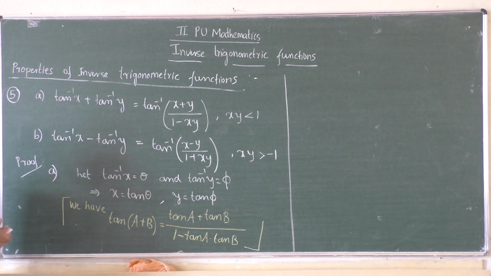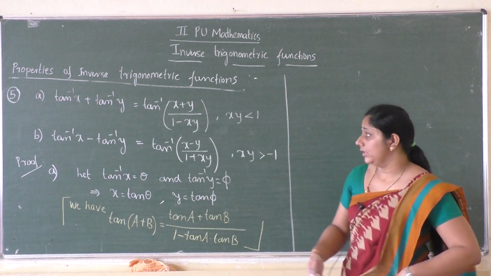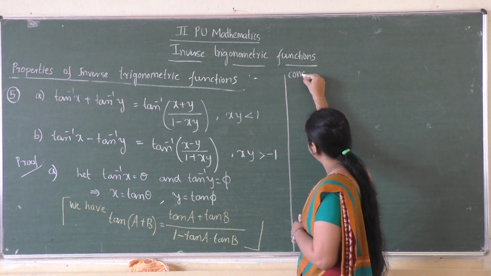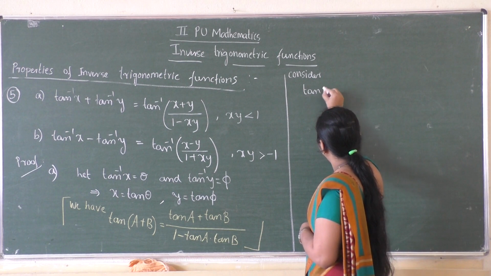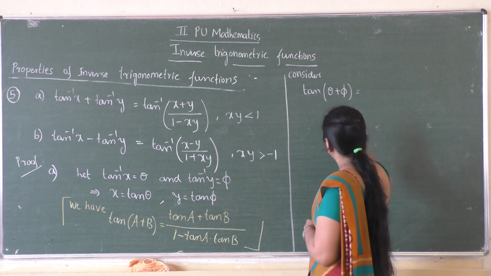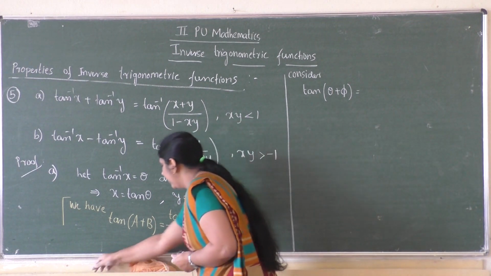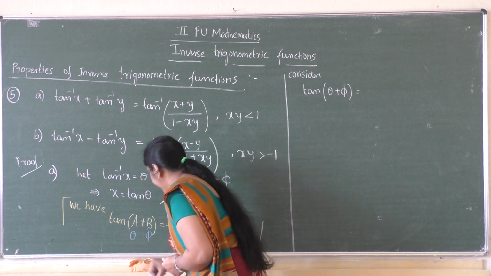So this is the formula we studied last year. I will use this formula in order to prove the first property. So from this, I will consider the term tan of theta plus phi. So in the place of A, we have theta, and in the place of B, we have phi.